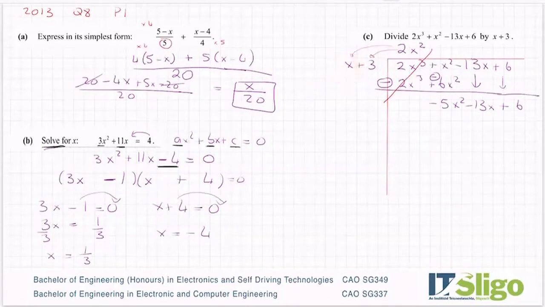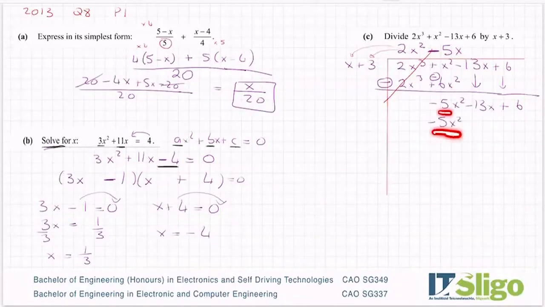What must I multiply by x to bring it up to minus 5x squared? Well, I definitely need a minus. I definitely need a 5. I have one x there, but I need an x squared, so I need another x up there. And just like we did here with the two red arrows, I now multiply minus 5 by x and minus 5 by the plus 3. So minus 5x by x is minus 5x squared.